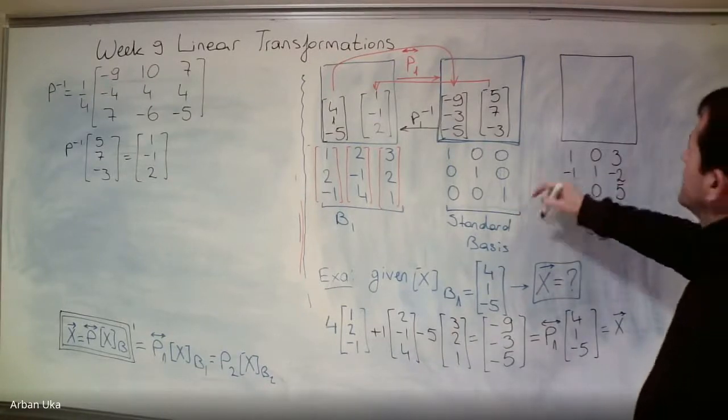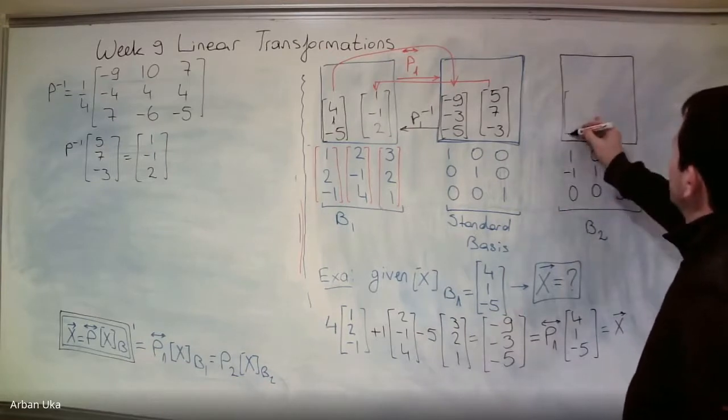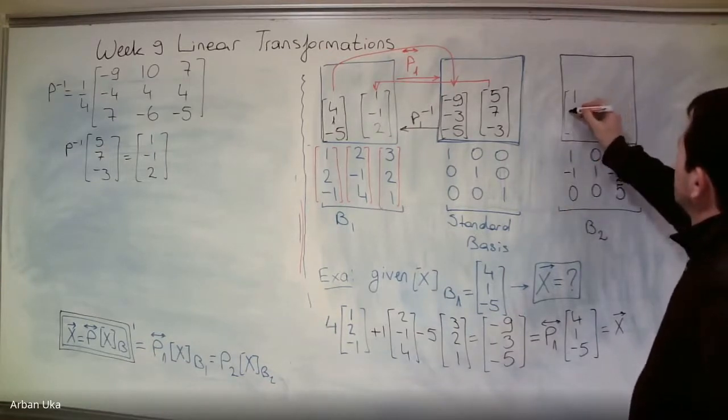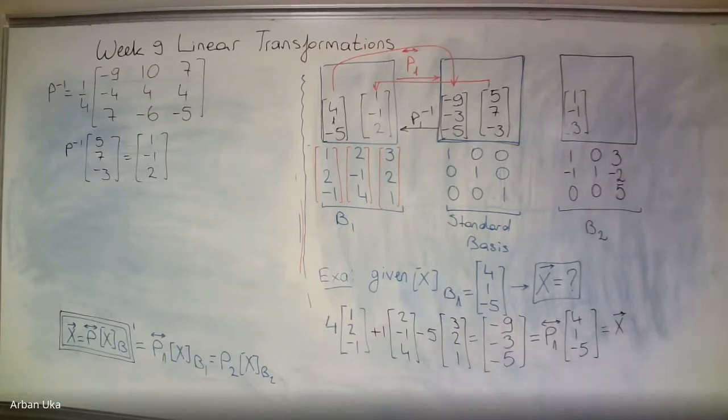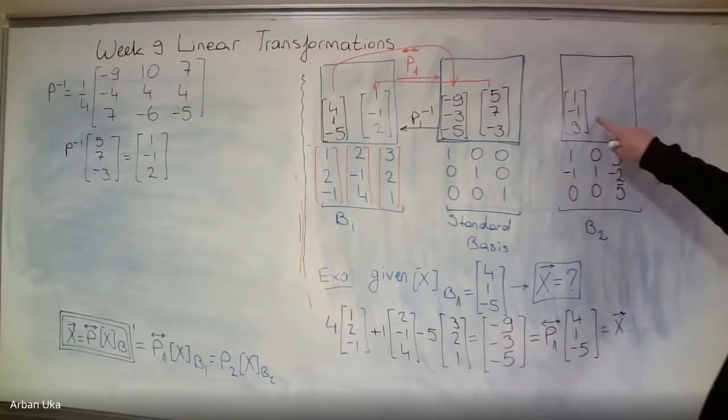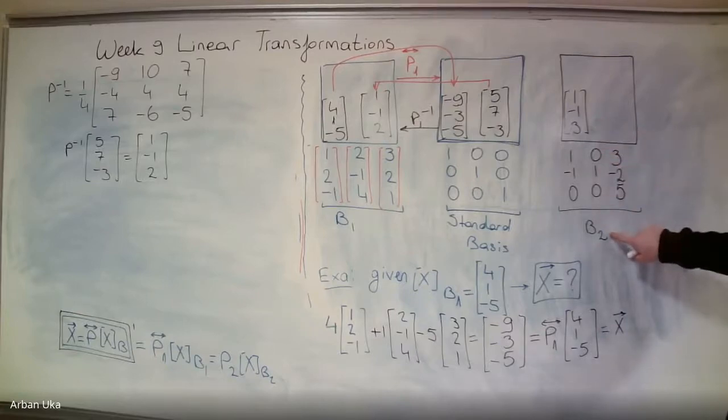So this is the standard basis. Let's say that we have a vector which looks here like (1, -1, 3). Now, this one is a vector which are the coordinates of a vector in basis B2.